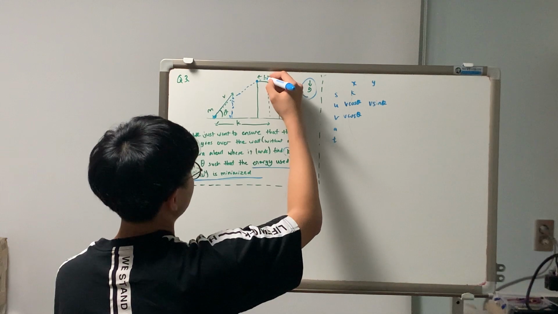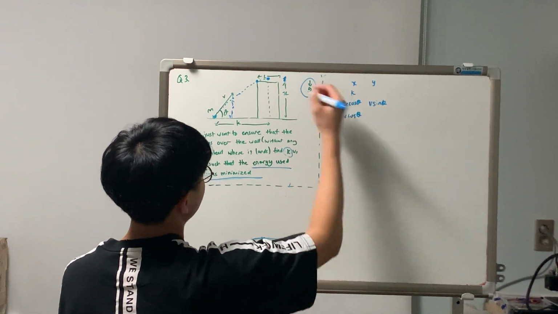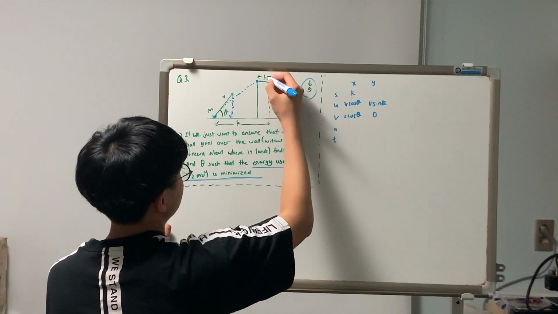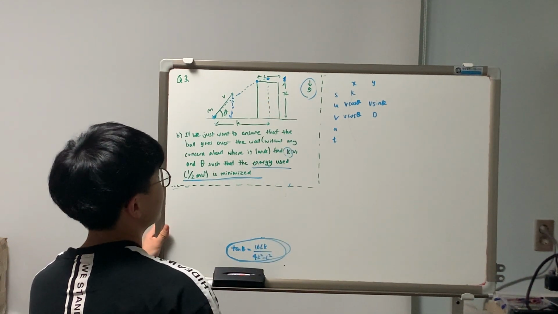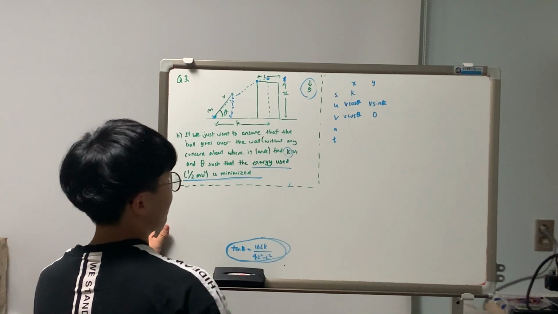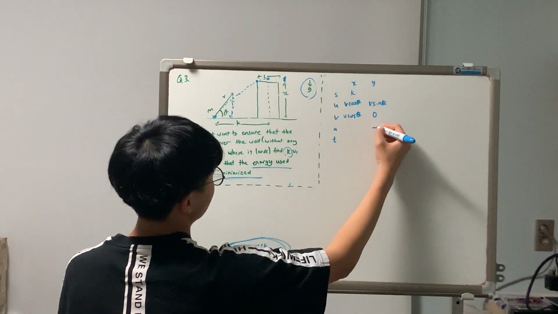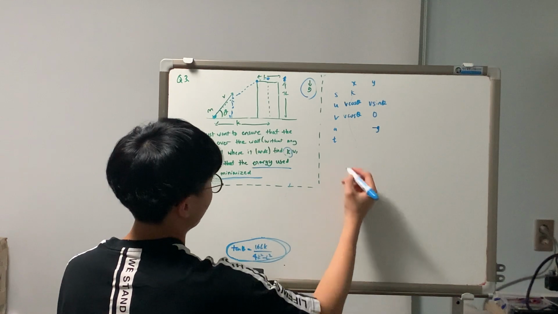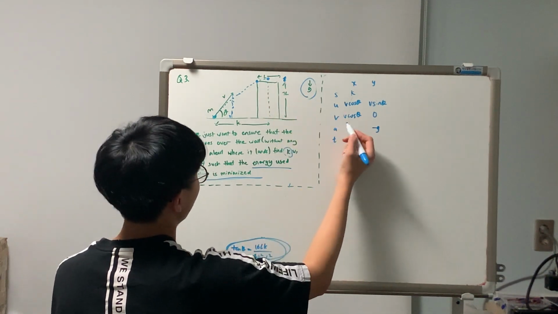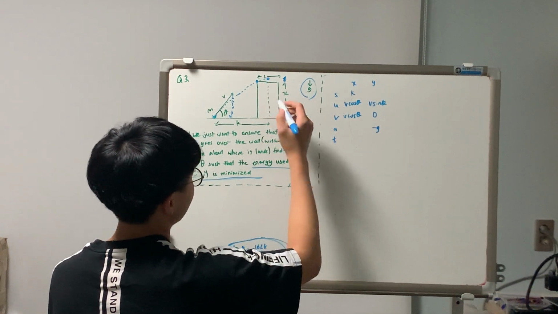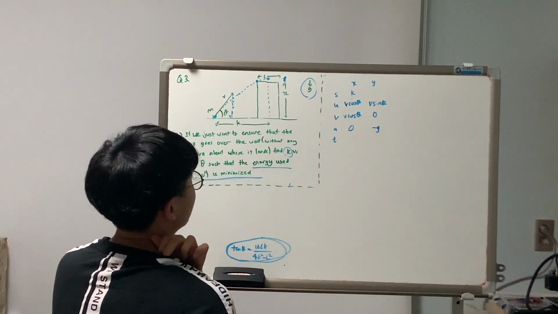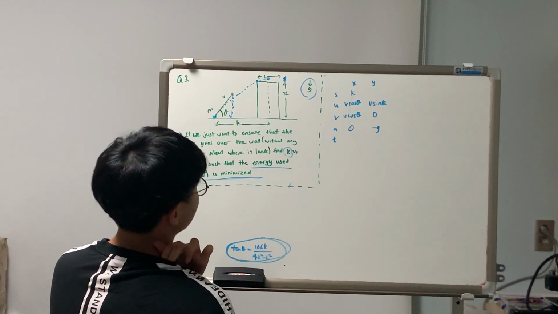However, the vertical velocity here, the final velocity here, would be 0, because it's at maximum height, where the effect of gravity, minus g acceleration, has caused it to become 0 at this moment. And we said before that because there is no force acting on the system in the x direction, this is going to be 0. And we have this system over here, and so all we have to know is t.